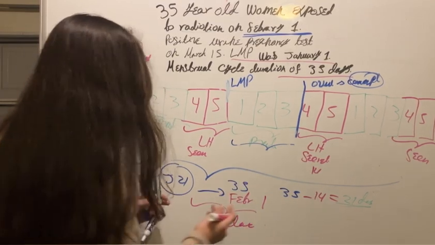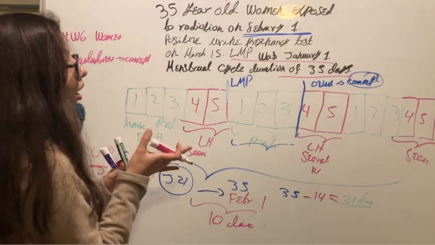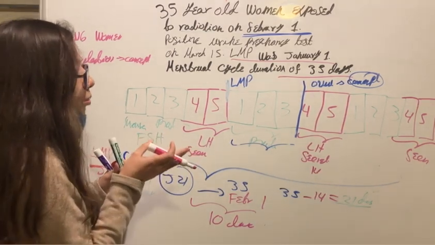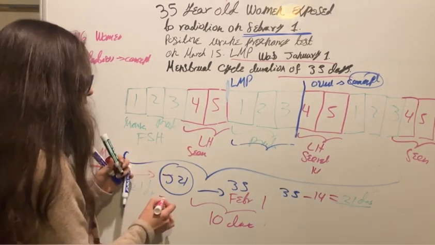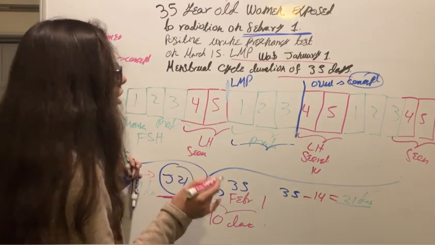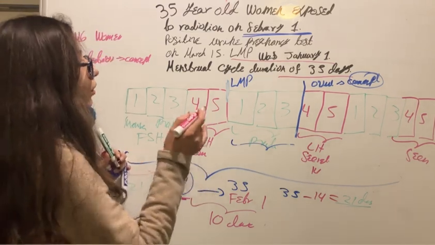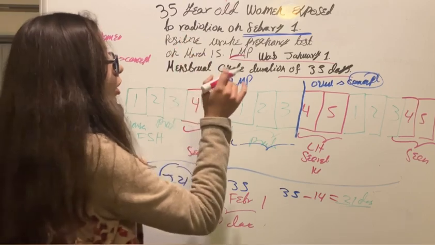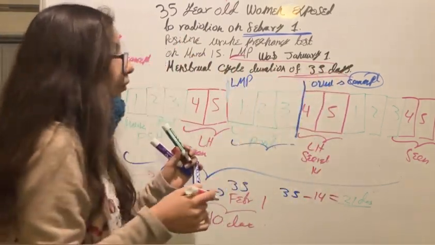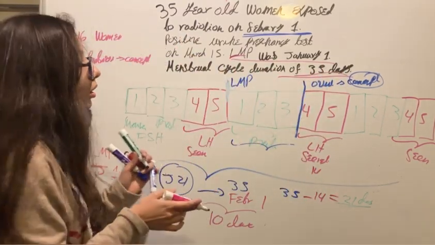In this case, we clearly estimated the conception date because we know exactly the date of the last menstrual period and we know the duration of the menstrual cycle.